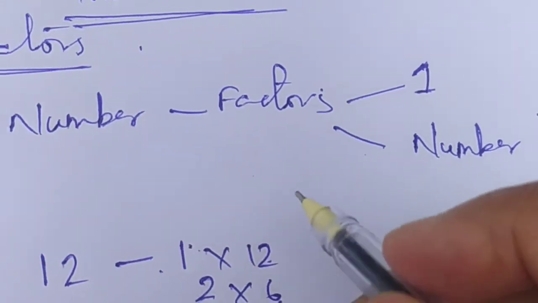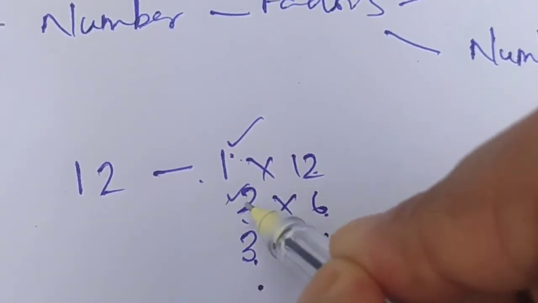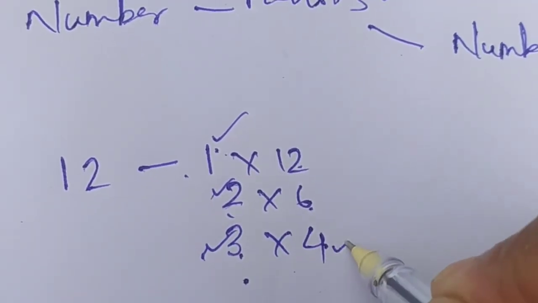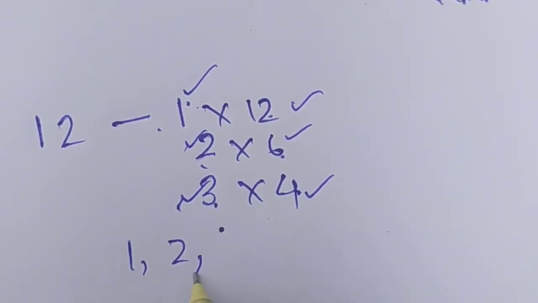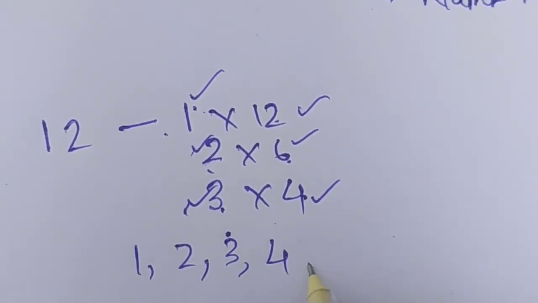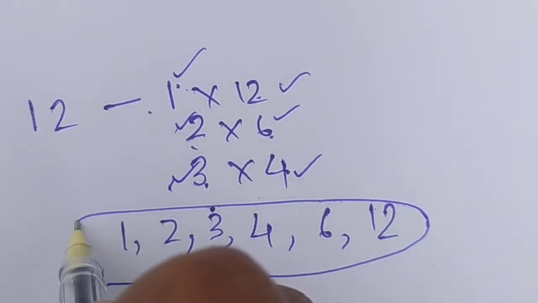The factors of 12 are 1, 2, 3, 4, 6 and 12.